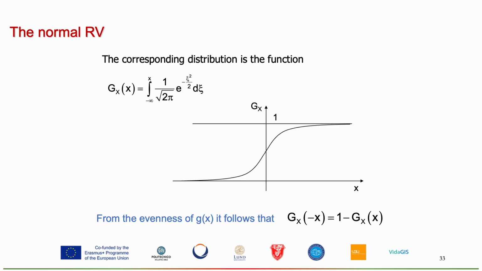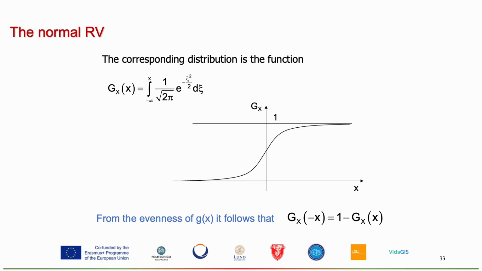So 1 over the square root of 2π multiplies the exponential of minus ξ squared over 2, integrated in dξ. If you plot this function, it is not immediate, but you see that the shape of the cumulative function is something like a sigmoid.